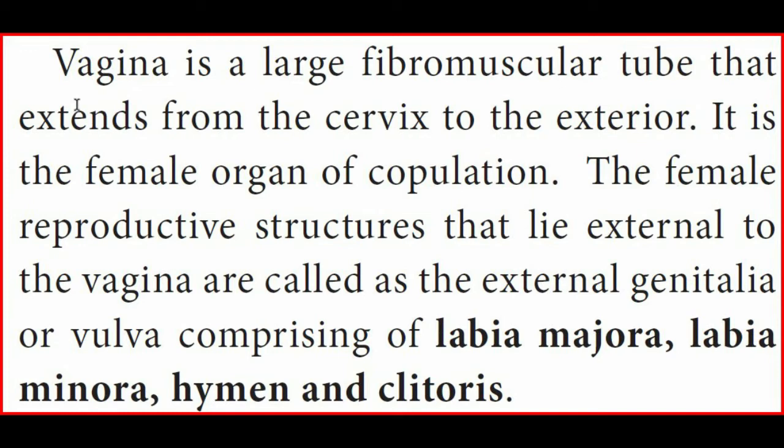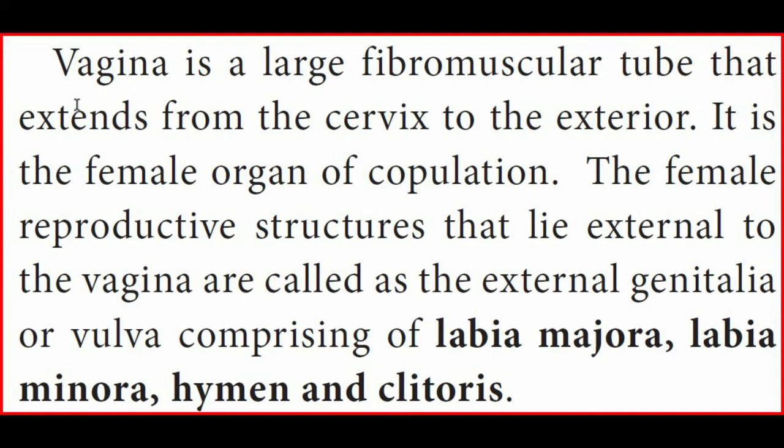The female reproductive structures that lie external to the vagina are called the external genitalia or vulva. It consists of labia majora, labia minora, hymen and clitoris.